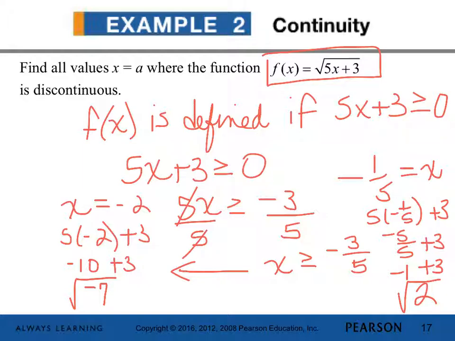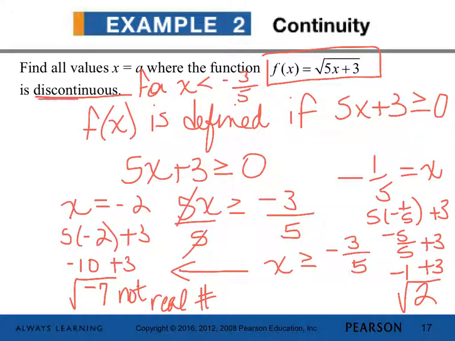Try it on your calculator, and your calculator will say error, non-real result. So this is not real. So for that reason, that function is not defined for any value where x is less than negative 3/5. So the function is discontinuous for all x less than negative 3/5.